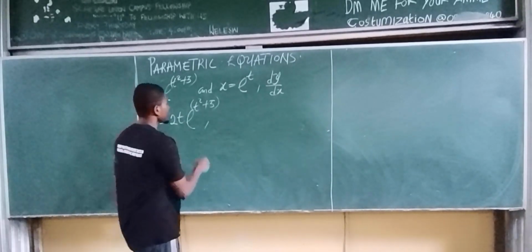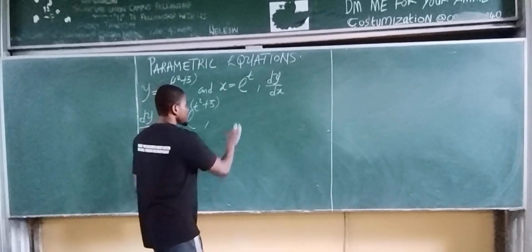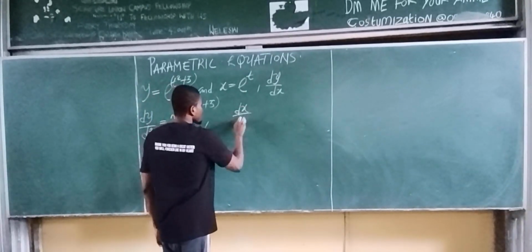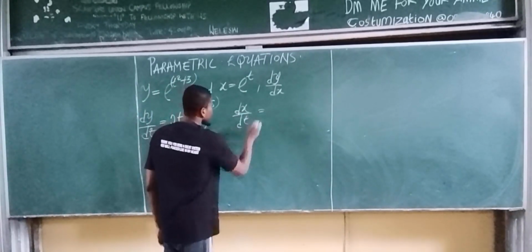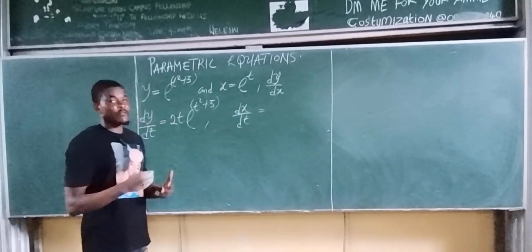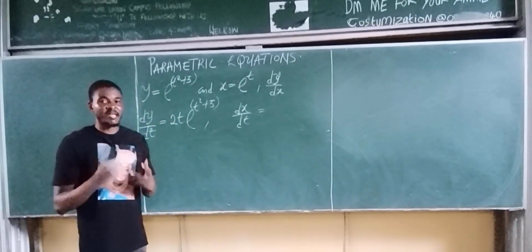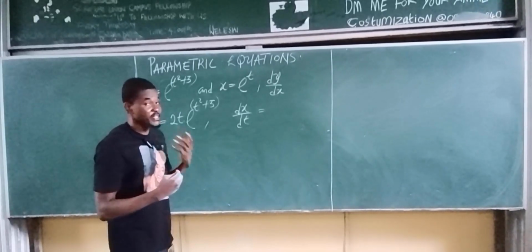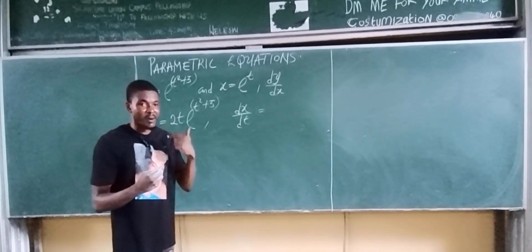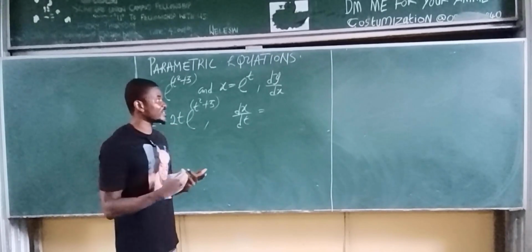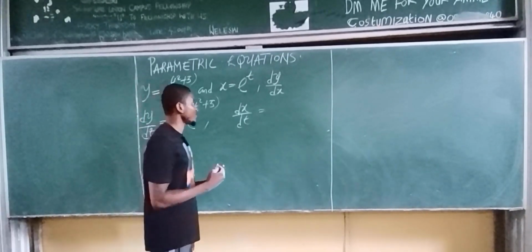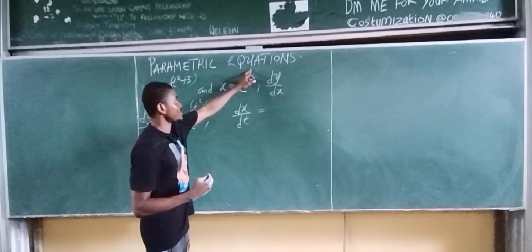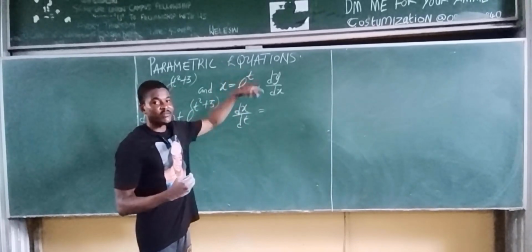Also, since x is also a function of t here, it means I can differentiate x also with respect to t. And of course, the derivative of every exponential function still remains the exponential function, especially when the power of the power is 1. The power of the exponential function here is t, and the power of t is actually 1.